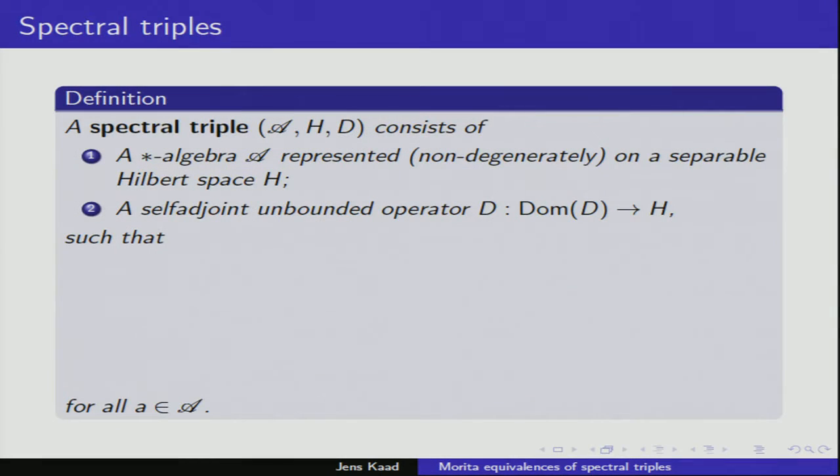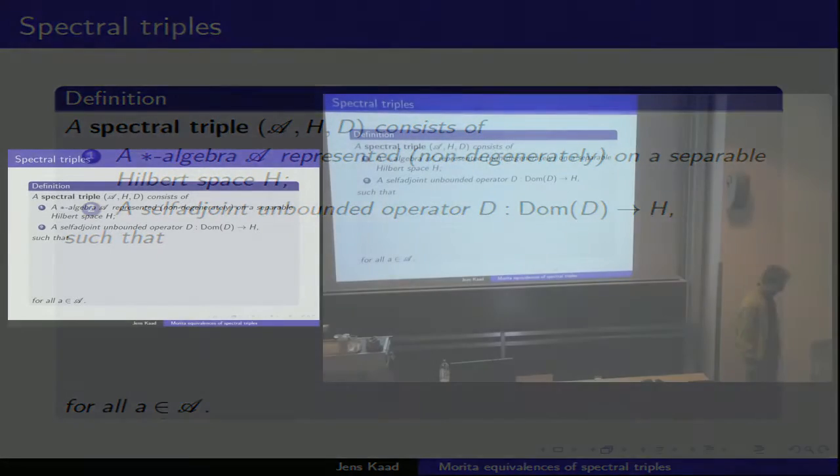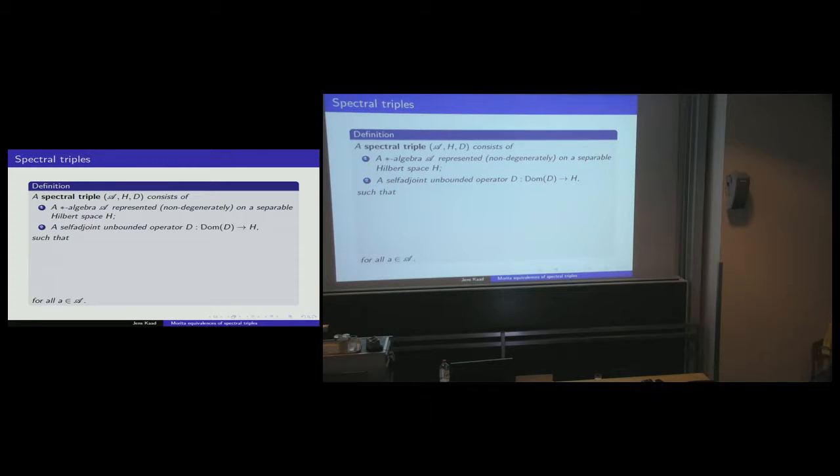Then the third ingredient is some self-adjoint unbounded operator, D, which acts on this Hilbert space. So it has a domain which is dense inside H, and D is really equal to its own adjoint. It's not just symmetric, so it's not just included in its own adjoint; D is equal to its own adjoint.